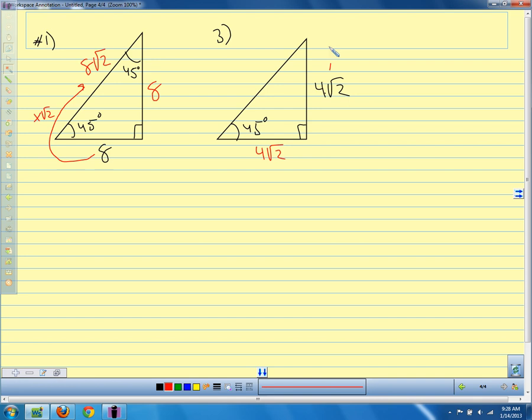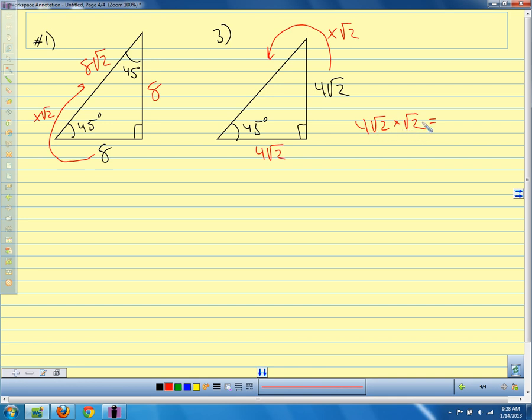And to go from leg to hypotenuse, what do I do? Multiply by square root of 2. So my hypotenuse is going to be 4 square root of 2 times the square root of 2. When I multiply numbers with square roots, I can multiply the ones that are in the square root together inside the square root.